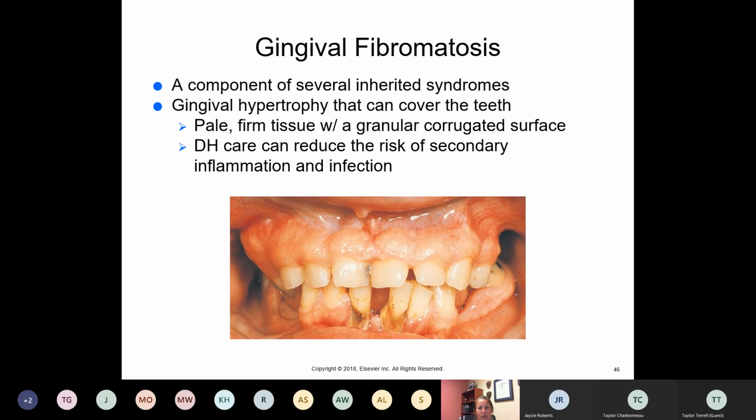Our care can reduce the risk of a secondary inflammation and infection from this condition. A lot of times I found with people that had fibrotic tissue, I didn't see the bleeding that I would see in inflamed tissue normally. It's just really hard, firm. It's just weird.